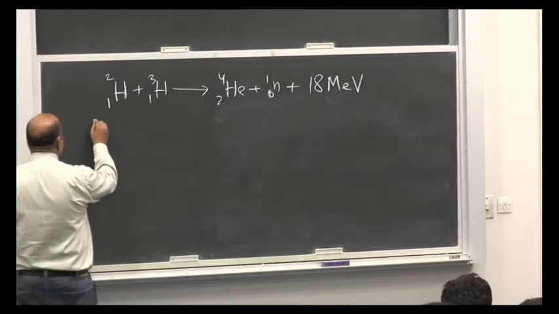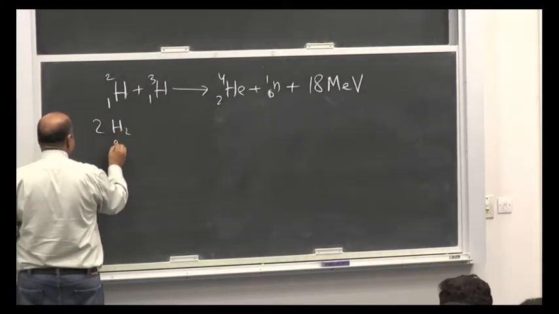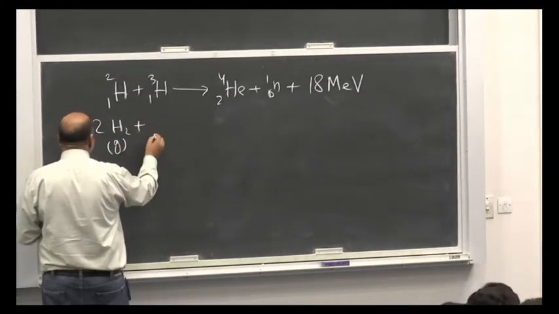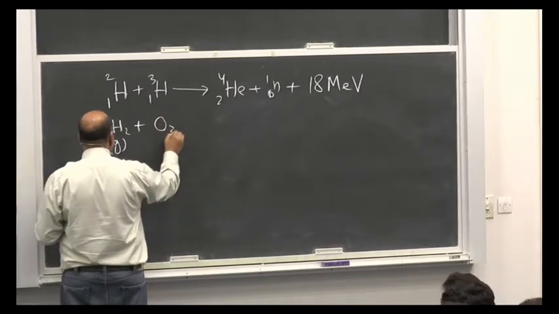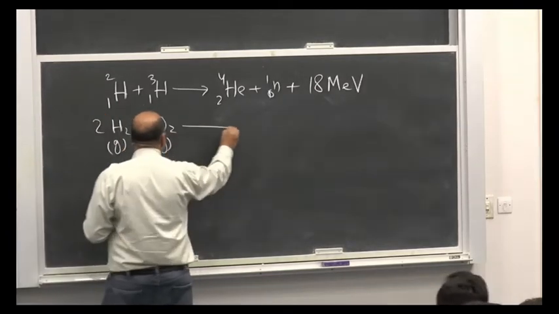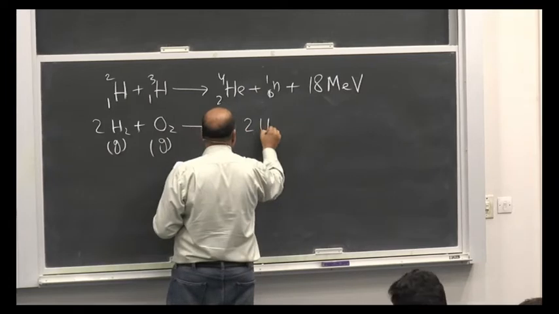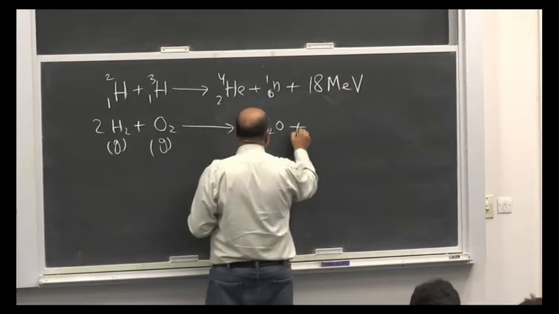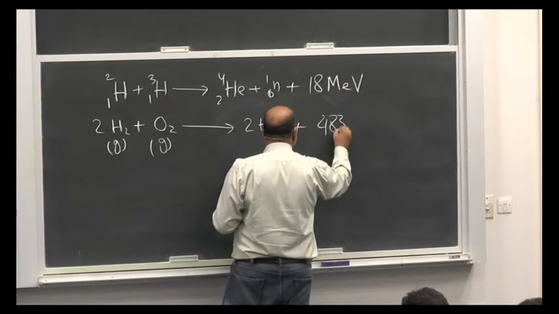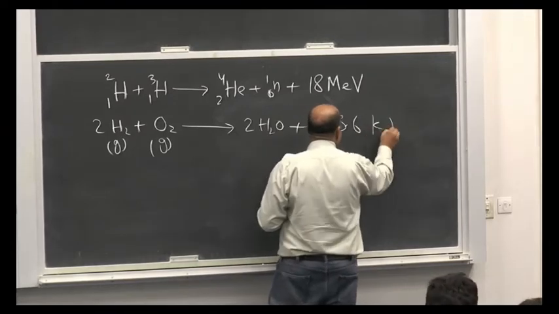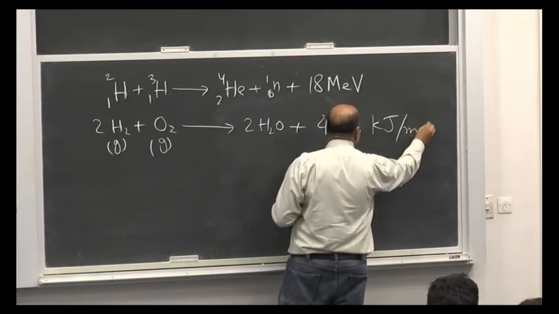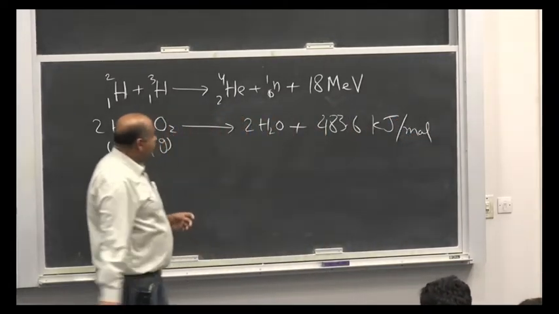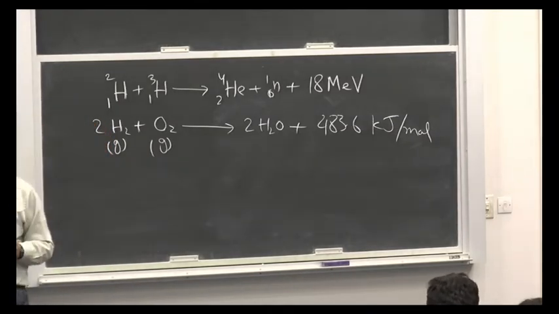But let's say you have this simple reaction: 2 hydrogen molecules and 1 oxygen molecule combine to form water, and in the process they release 483.6 kilojoules of energy.